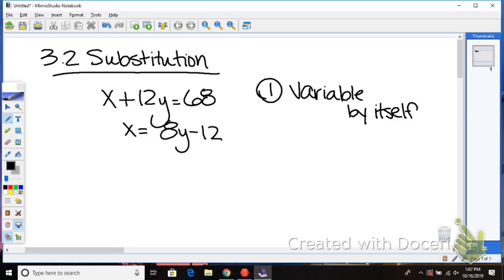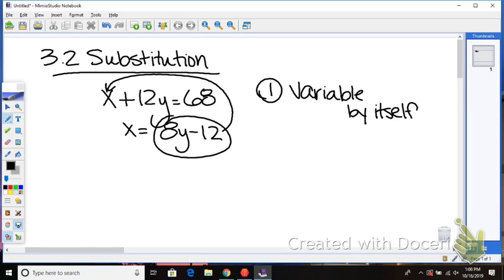So if I tell you that x is equal to 8y minus 12, I'm going to take this 8y minus 12 and plug it into this x right here. I'm substituting 8y minus 12 into this x, because that's what x is equal to.